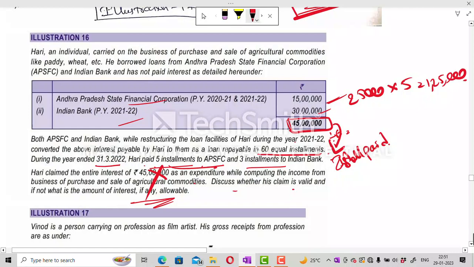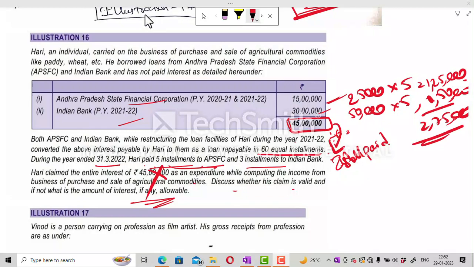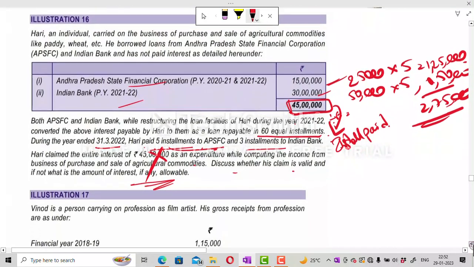Indian Bank 30 lakhs divided by 60 into 3 installments, 1,50,000. So 2,75,000 they can take as deduction. Next question.